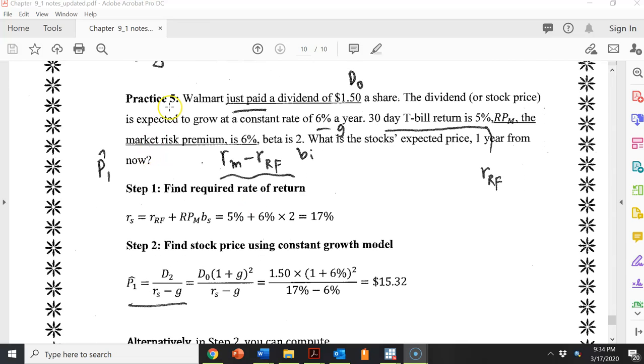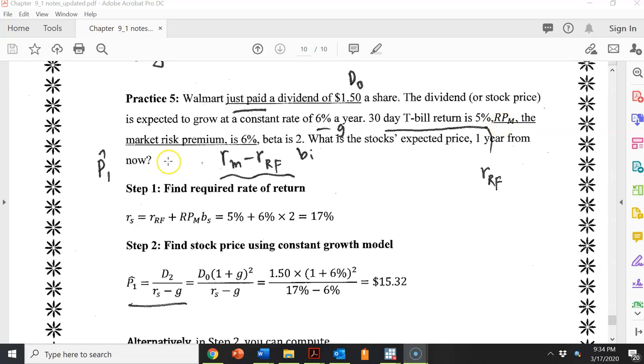Practice 5. Walmart just paid a dividend of 1.5. Just paid, already paid, means D0 is 1.5. Dividend grows at a constant rate G of 6%. The 30-day treasury return is the risk-free rate, 5%.